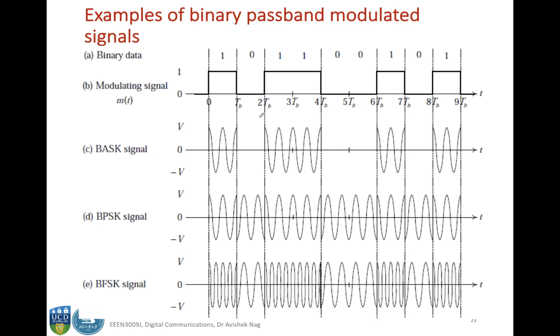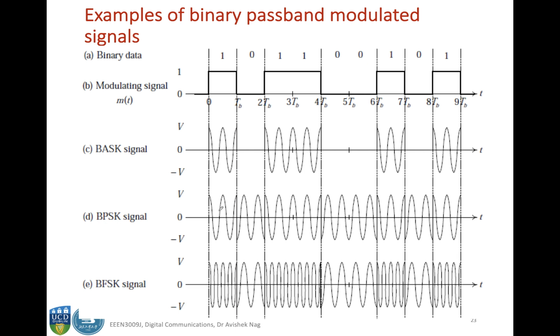So if you have a binary data stream like this, 1011100101, and the equivalent modulating signal is like this, then you can have a binary amplitude shift keying where you have a high frequency carrier when you have a 1 and you have a 0 when you have a 0.